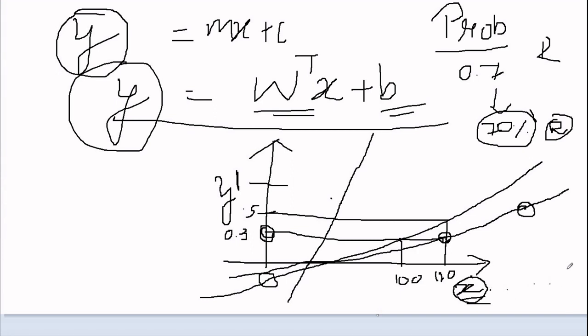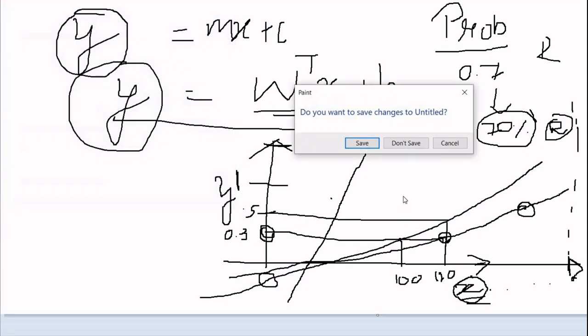Now suppose x is somewhere here. What will be the y? The y will go somewhere here, which does not make sense, because this is the probability. The probability can't have a value over 1, right? So clearly linear regression is not a solution for a binary classification problem.